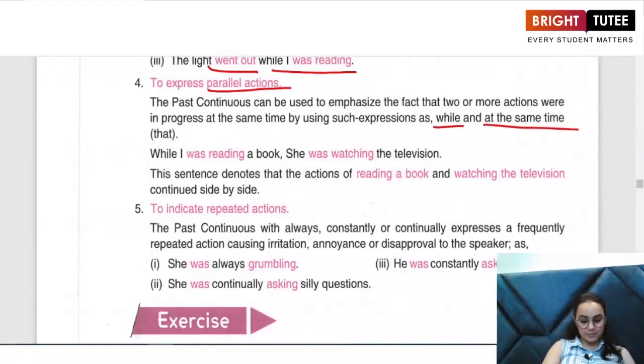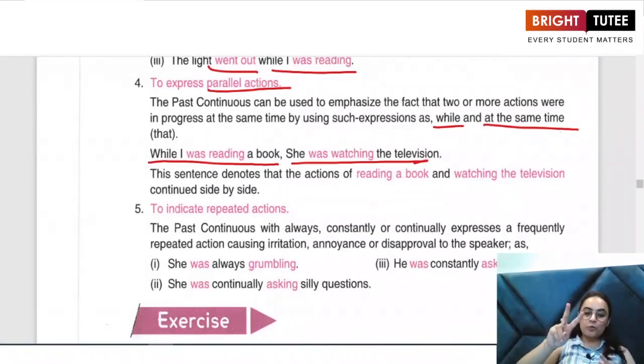For example, while reading a book, she was watching the television. While I was preparing for my exam, my brother was playing cricket. So two actions are taking place at the same time. Both of them are written in the past continuous tense, and we join those actions using while or at the same time.